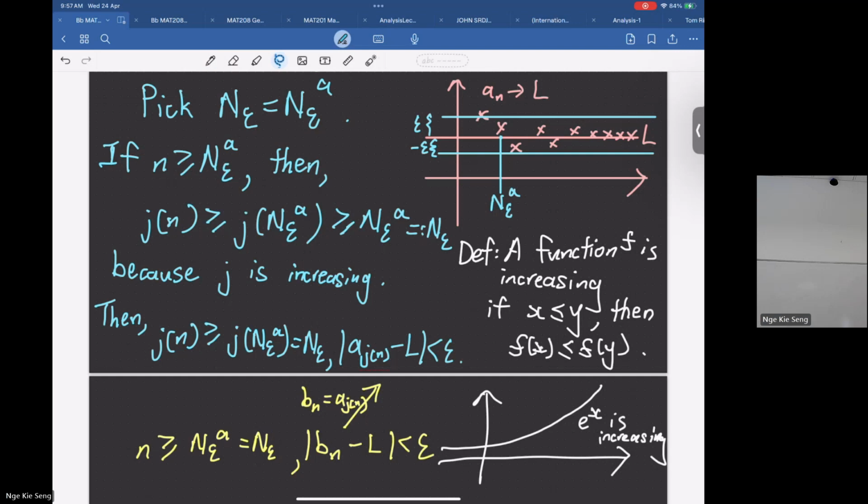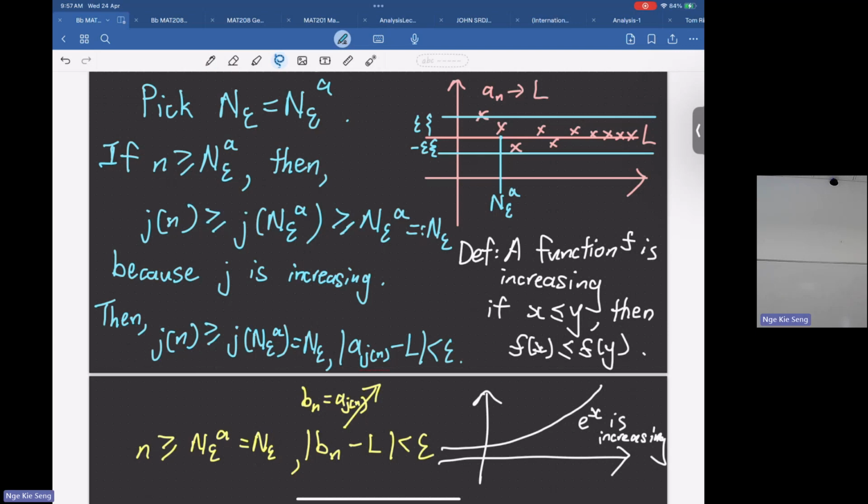Previous one. Oh, why is this true? Is this true or not? Let me think.